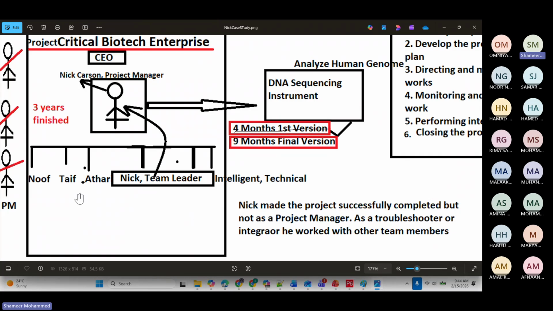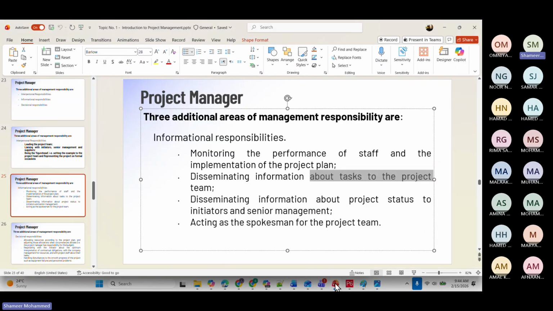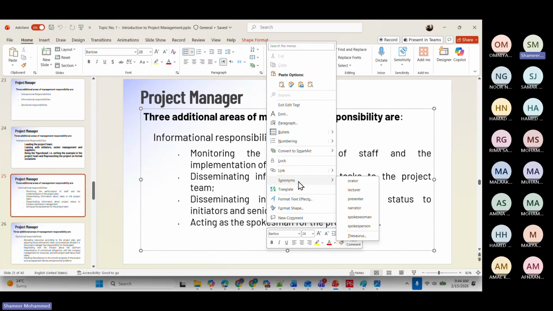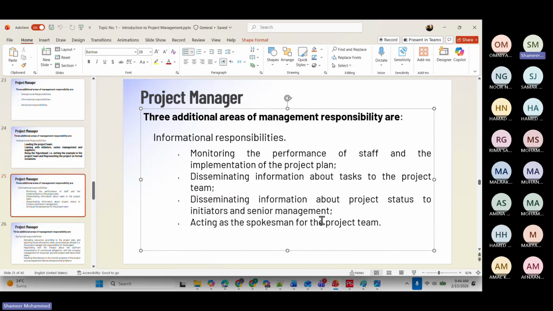Everybody has their role. Everybody has to do a specific task. So the manager has to disseminate that information. He is acting as a middleman, a spokesperson, a presenter between the higher management and you. Right? So these are informational responsibilities.